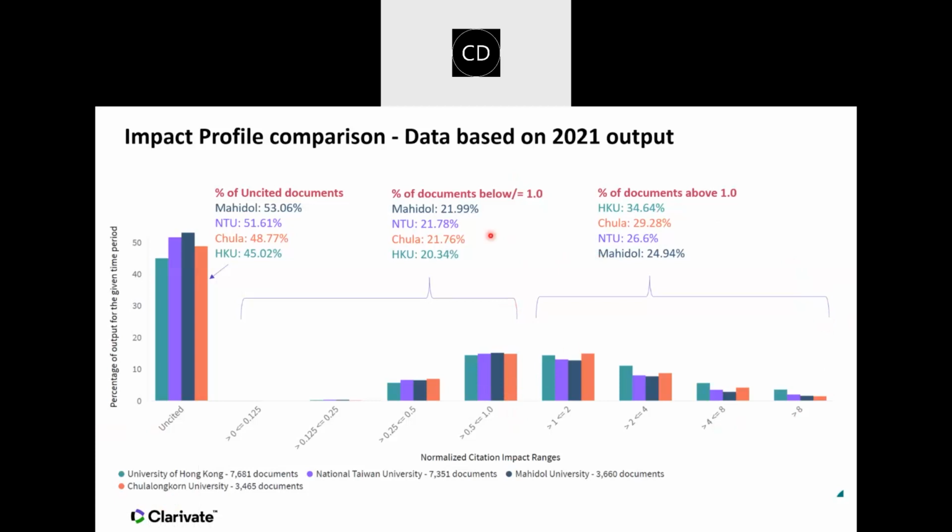On the left, these are papers that are performing below 1.0, meaning they are performing below global average. So with this chart, you can easily see which institutions have more papers that are performing higher than average and which are below average. Okay, so this allows you to compare the institutions based on their ultimate research impact.